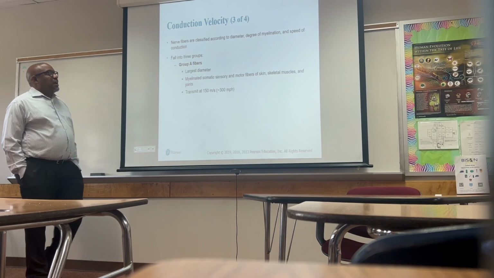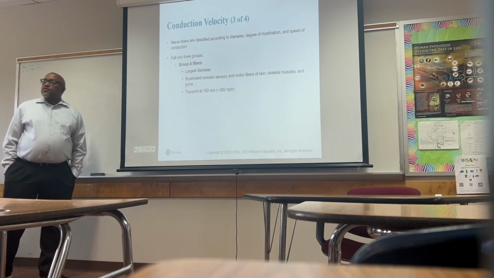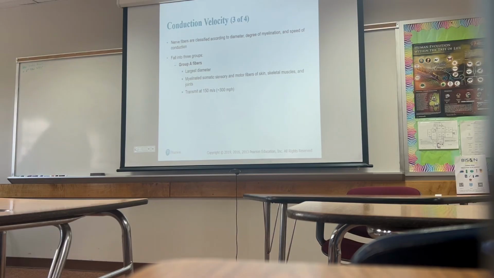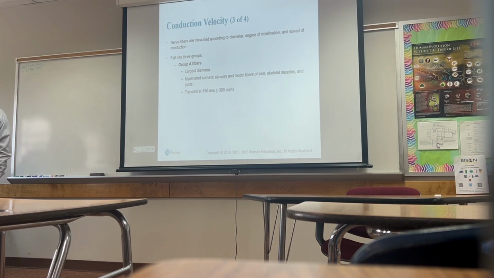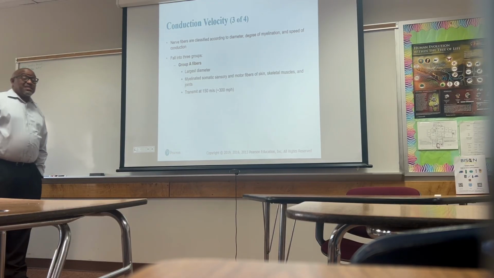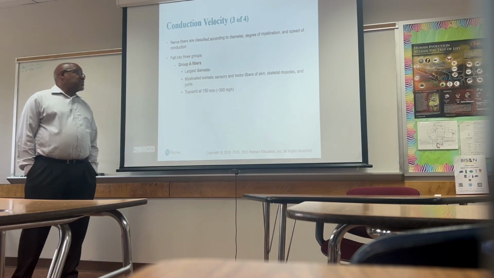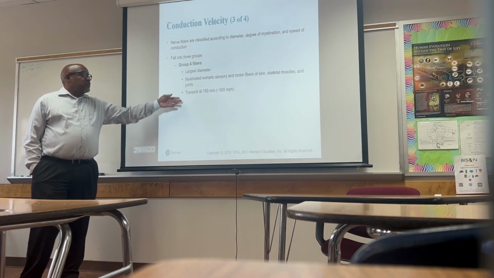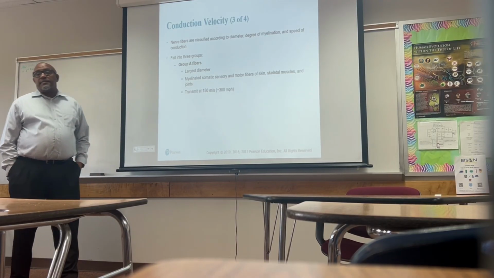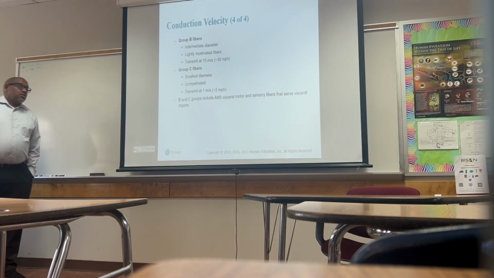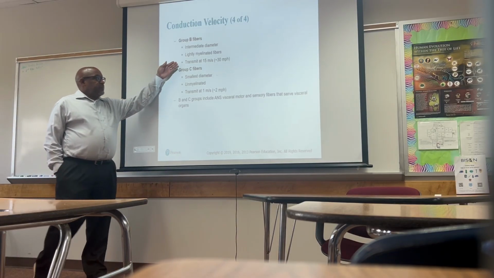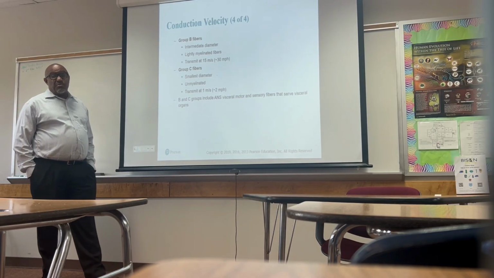Now there's three types of fibers in terms of nerves. There's group A, group B, and group C. Here's the easy way to remember, what you gotta know. Group A is the fastest, all right, 300 miles per hour. That's pretty fast in your body. Group B is about 30 miles per hour, still pretty fast.